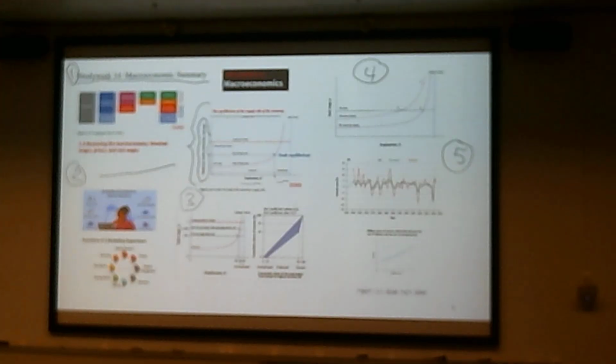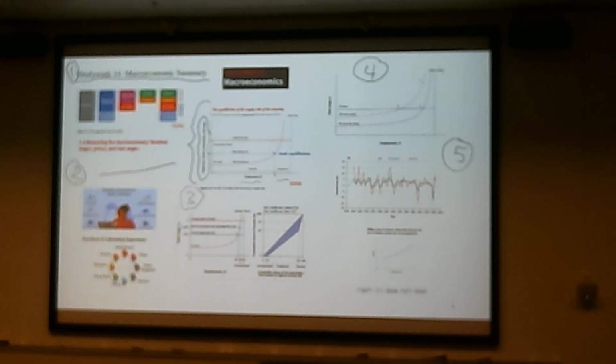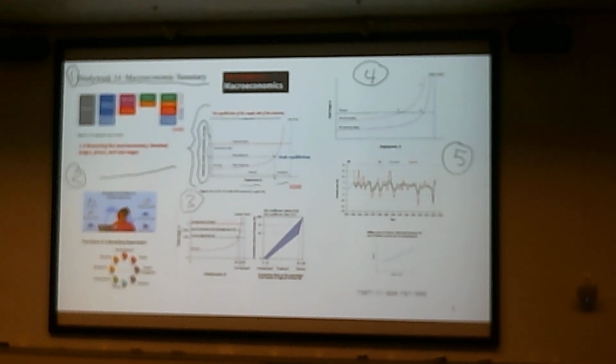We talk about that in 5: consumption smoothing, and investments, they are more volatile.